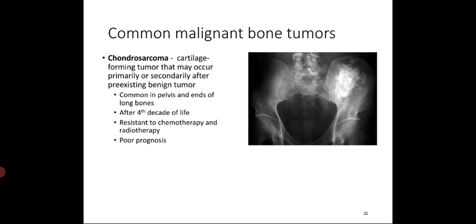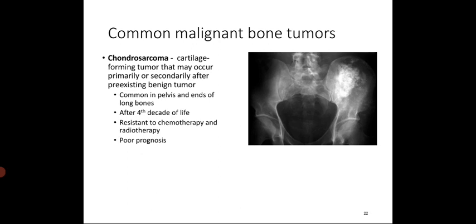Next, we have the chondrosarcoma. It's a cartilage-forming tumor that may occur primarily or secondarily after a pre-existing benign tumor. It can occur in a patient with an osteochondroma. It can actually develop into a chondrosarcoma if the cartilage in the lesion is big enough.